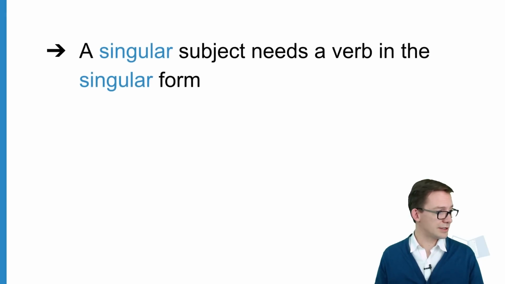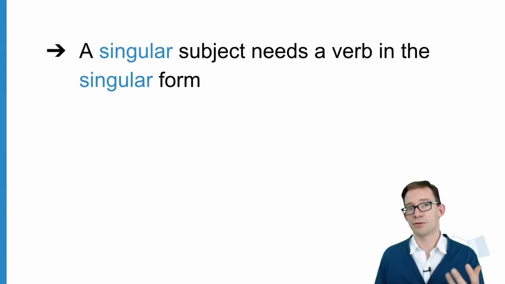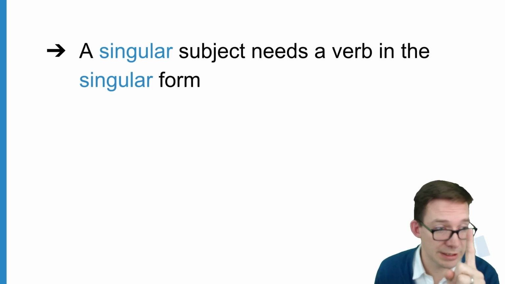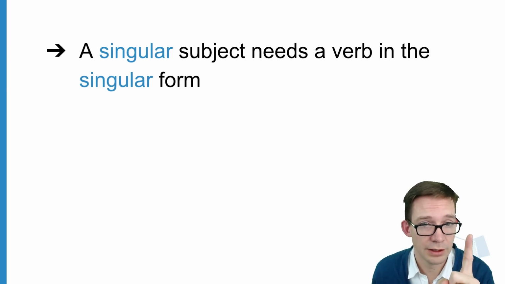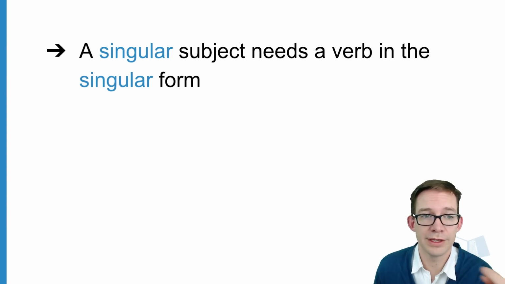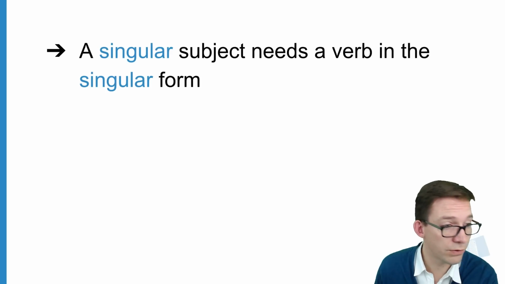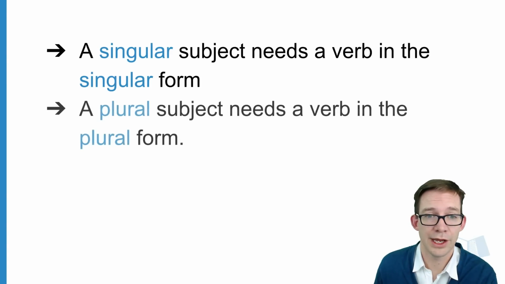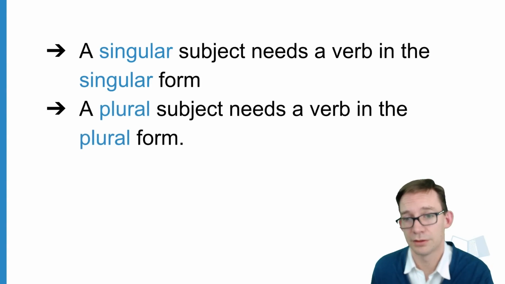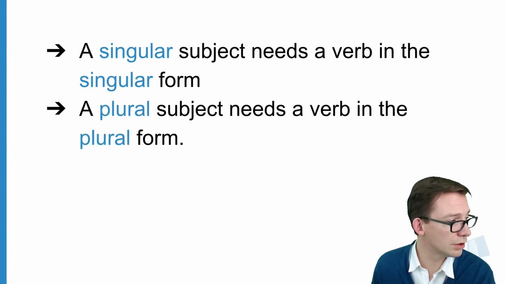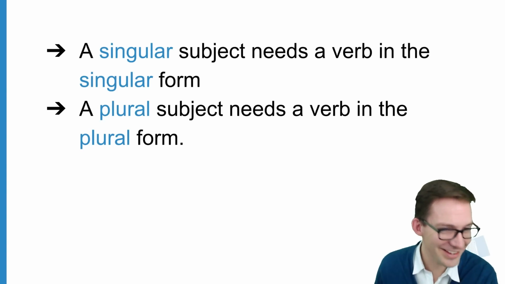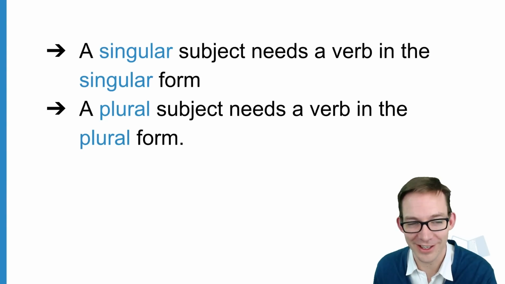Well, it means very simply, okay, a singular subject. If your subject is singular, meaning there's one, right, then it needs a verb in the singular form, right? And a plural subject needs a verb in the plural form. Okay, Varka, you taught this? It's easy. Good. As I said, this is an intermediate level class.